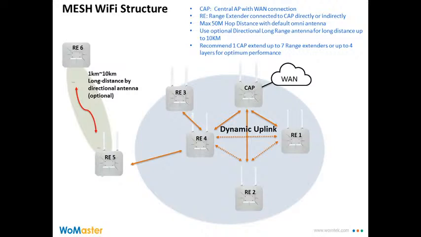In this case, we can use the WA512GM with directional high-gain antenna to extend the communication to the 1 or 10 kilometer in this way, so that we can connect to separate the network together. Hence, mesh network is more flexible and extensible.